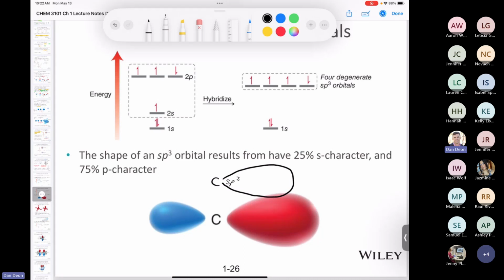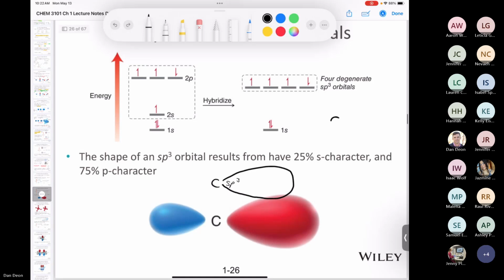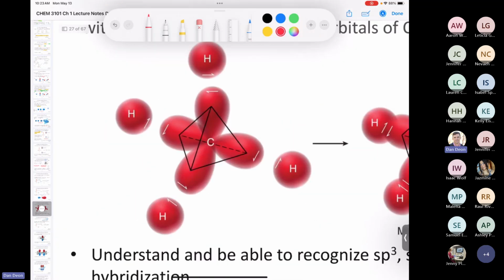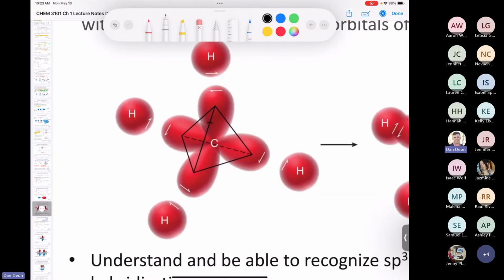So the answer is this. Whenever you see a carbon that has 1, 2, 3, 4 single bonds, it is sp3 hybridized. So here is my carbon. This is an sp3 orbital. Hopefully you can see my writing. Maybe I'll try the blue pen.